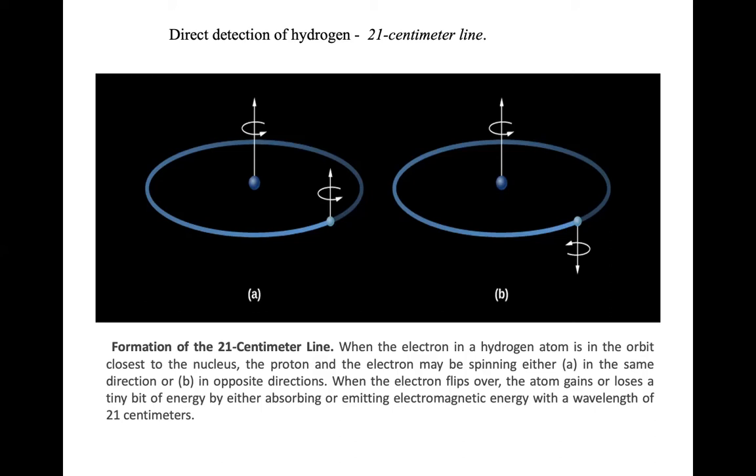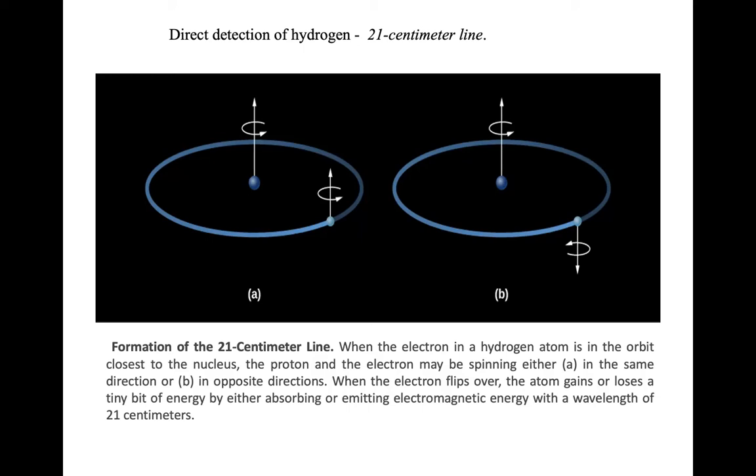Basically the proton and the electron may be spinning, right? And this spin can be in two directions. As you see in these two pictures, A and B, it can be in the same direction or in the opposite direction, right? But when this electron flips over, changing its direction, due to this particular flip the atom can gain or lose a tiny bit of energy, right?